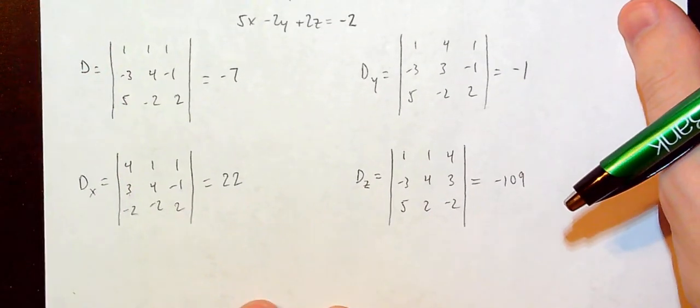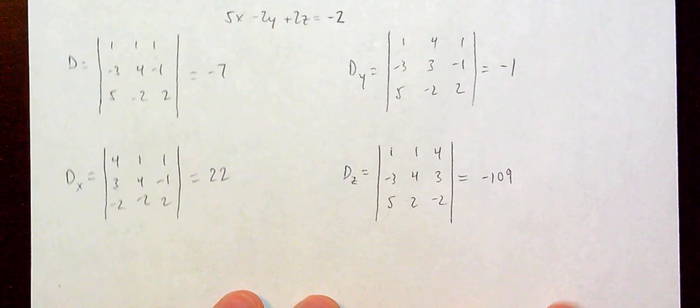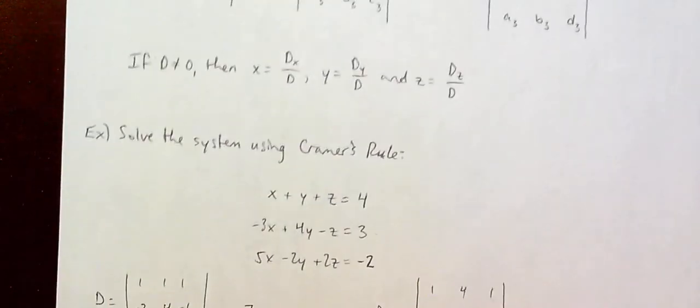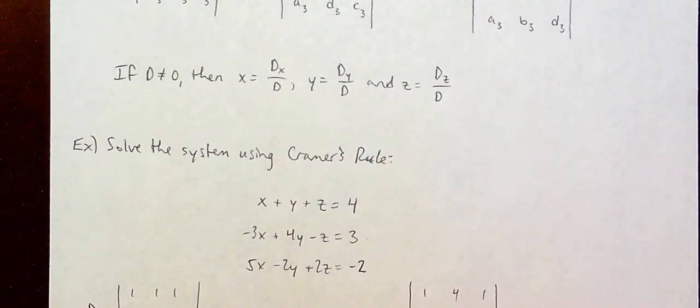Hopefully you found that capital D was negative 7, capital D sub x was 22, capital D sub y is negative 1, and capital D sub z was negative 109. So using these 3 formulas right here, I'm going to figure out what x, y, and z are.